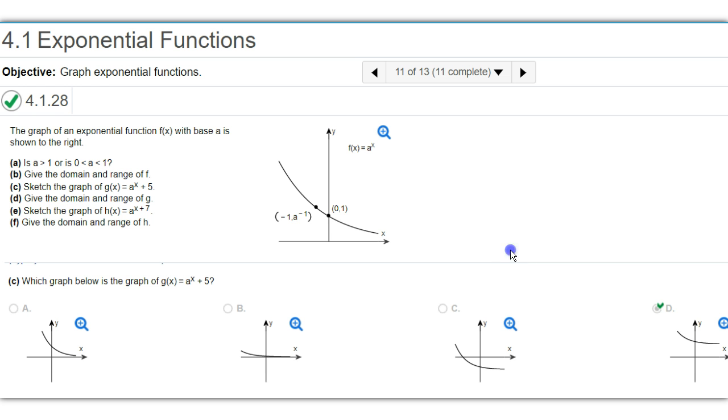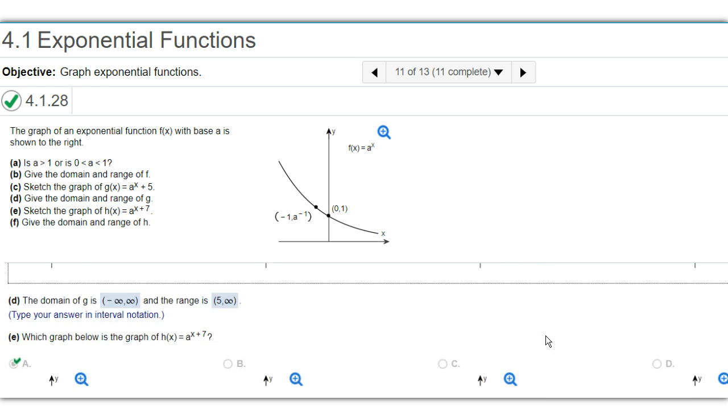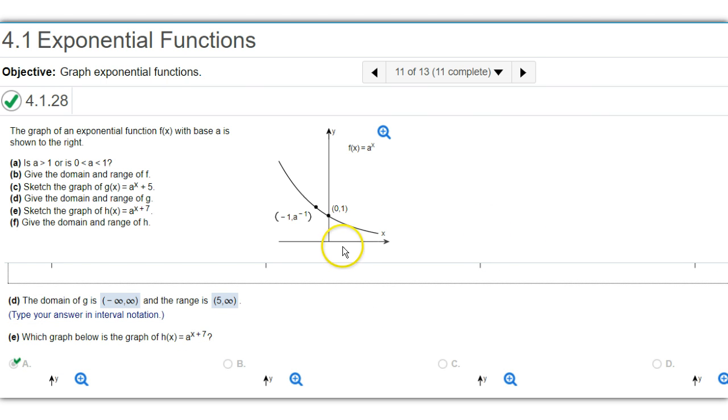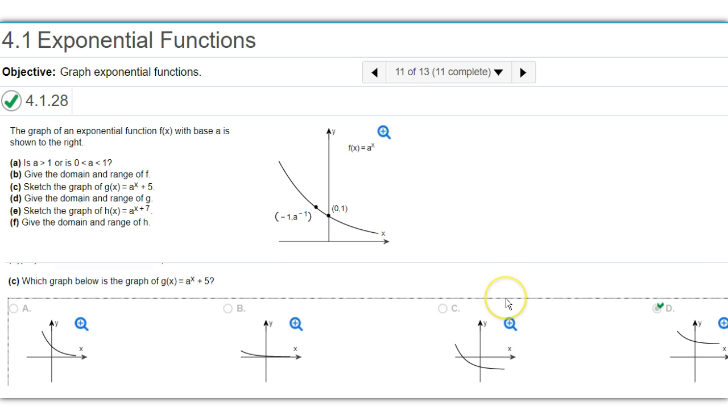Now for letter D, what would be the range of this new graph? Well, first the domain. The domain is all real numbers, which we've said. But now in this graph we have a new horizontal asymptote. It's gone from 0 up to 5, right there.